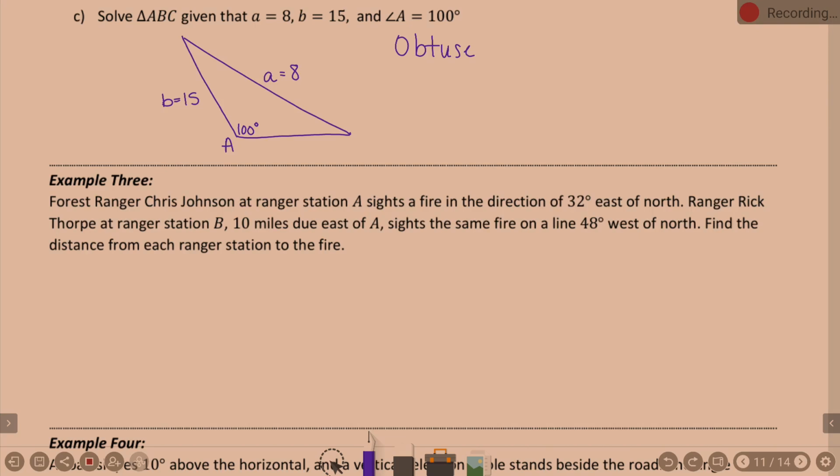I kind of gave myself away earlier when I said you didn't need that much room for this one. That was your hint that there were going to be no triangles possible. So I'm writing down: obtuse angle must be opposite the longest side. That's my reminder to you.